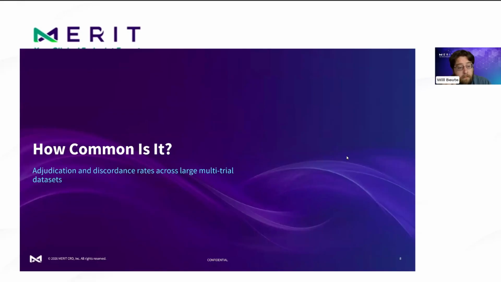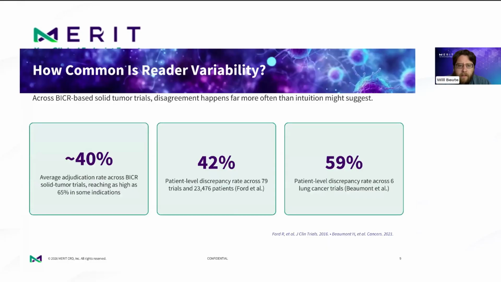So now let's put some numbers to it. In this next section, I want to look at adjudication and discordance rates across some large multi-trial data sets, because the scale of this is often surprising, even to people who work in the field. The headline here is that across BICR-based solid tumor trials, disagreement happens far more often than intuition would suggest.